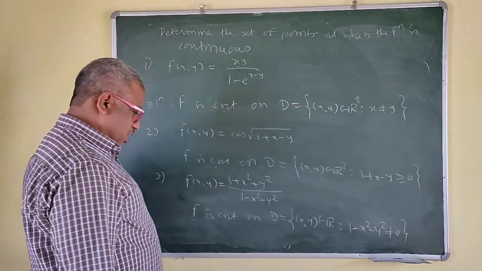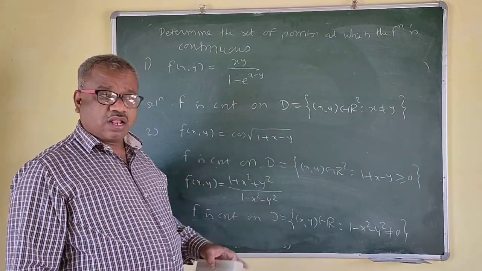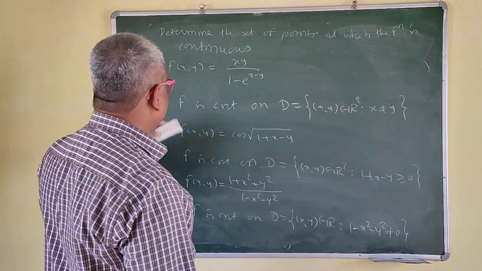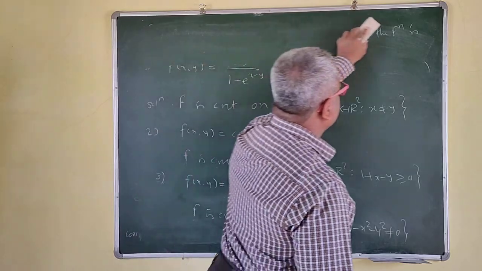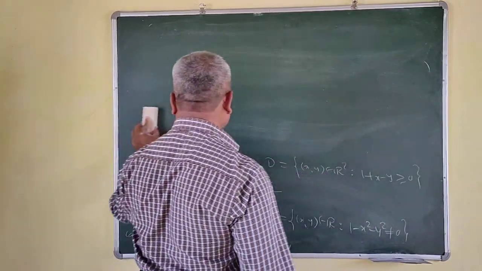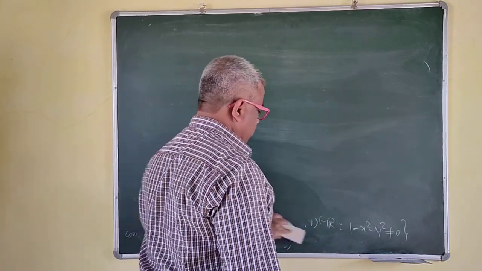So the function is continuous except at the boundary of the circle, x² + y² = 1. That means the circle is not in your domain now.